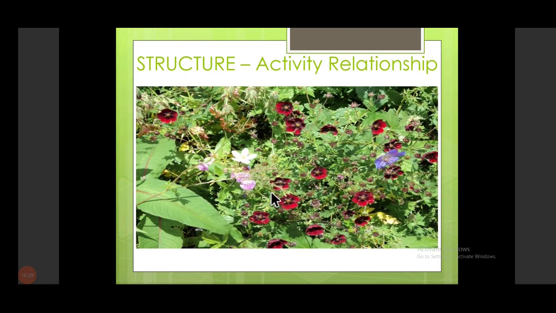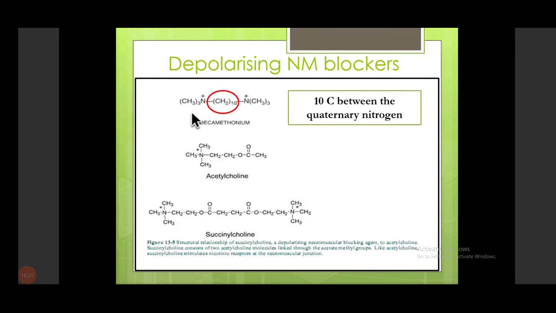Now, a brief about the structure-activity relationship. Firstly, we'll be discussing the depolarizing neuromuscular blockers. Initially, decamethonium was used. What is decamethonium? It is a structure where between the two quaternary nitrogen atoms, we have 10 carbon chains.